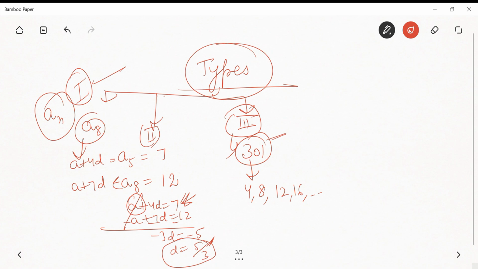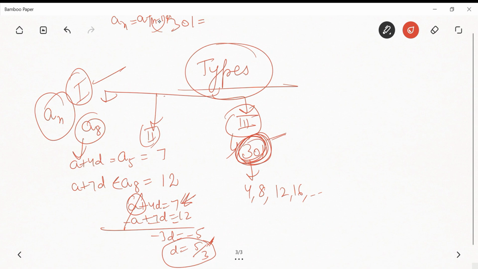So how can you find it out? an is given to you, let's say this is 301. Now what is the formula of an? an is equal to a plus n minus 1 into d, correct?